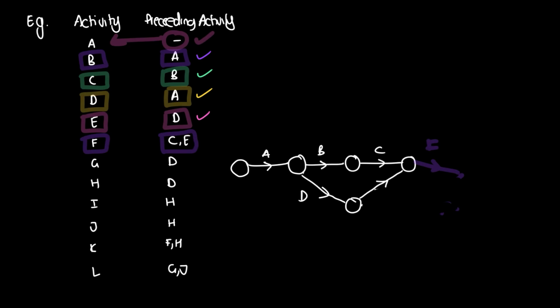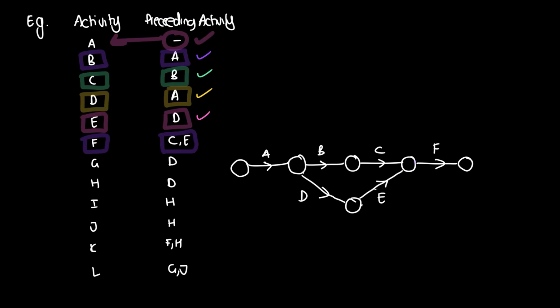So if we do that, we fix it up like that, it can work out for us. So we make that still E, and then we can have F coming out so that we still see that we need both C and E to precede activity F.